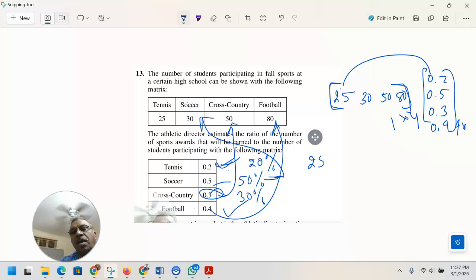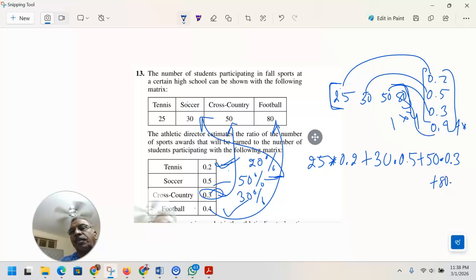So it is 25 times 0.2, plus 30 times 0.5, plus 50 times 0.3, plus 80 times 0.4.